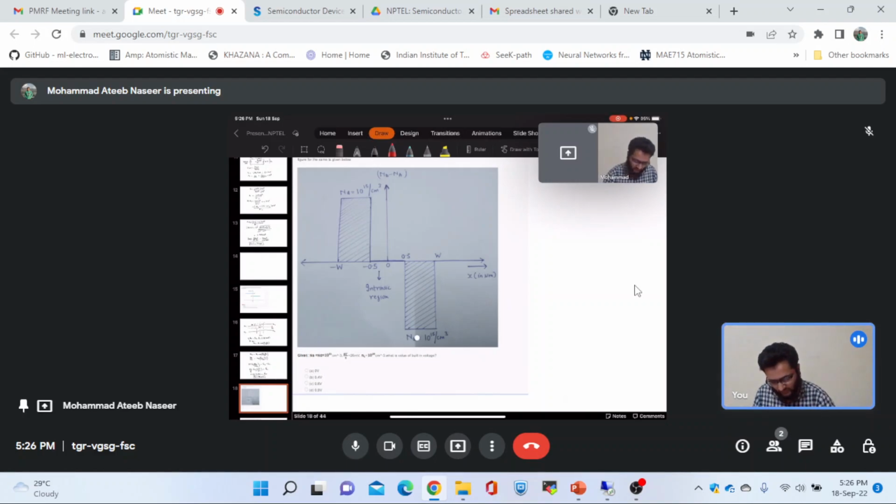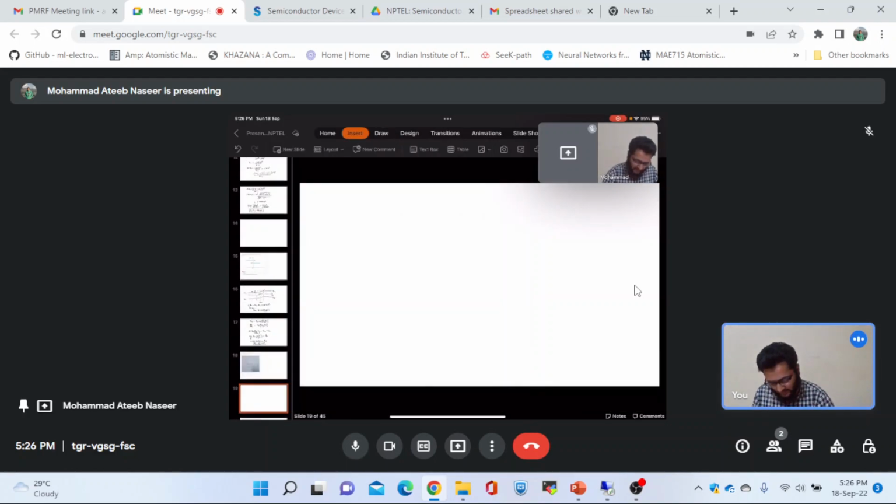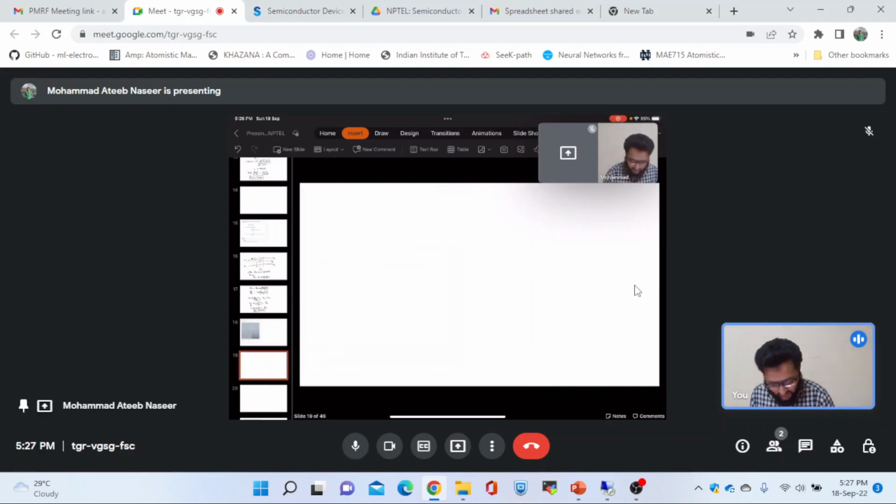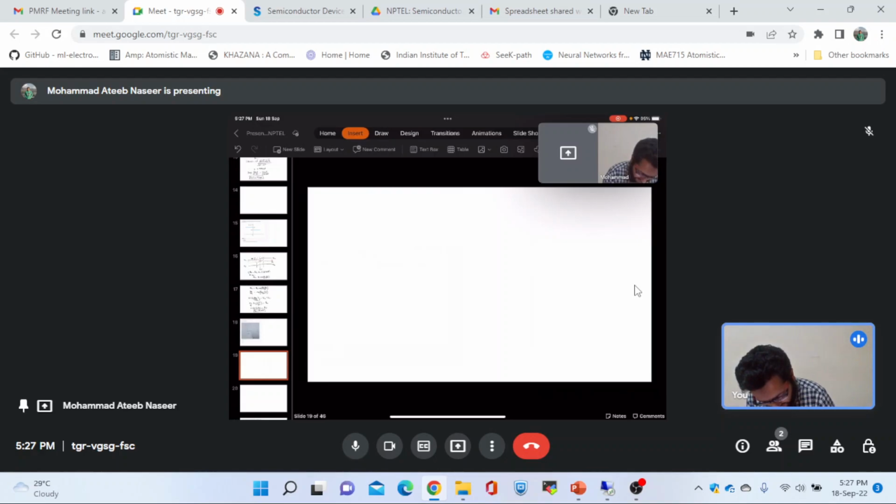Now let's go about this by drawing the energy band diagram first. Since on the left hand side we are having the N type and on the right hand side we are having the P type, it would mean the Fermi level will be close. Let us draw the Fermi level first to understand it properly.